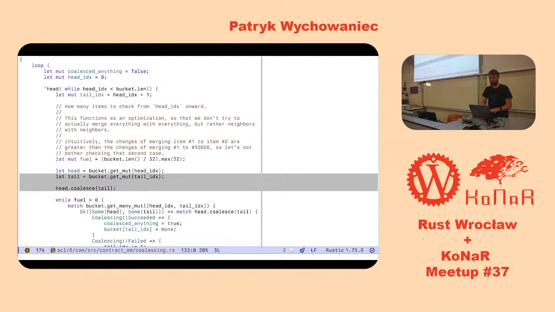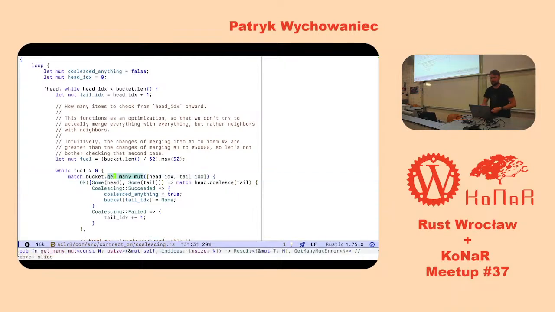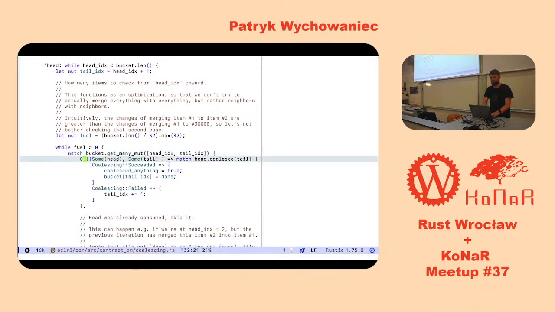There's a function in nightly Rust called getManyMut that allows you to do that, because it validates that the indices you give to it are two different indices, or three, four, n different indices. If so, it just returns you OK and mutable references to all of them. So this can come in handy when you have multiple indices and have to get mutable references for them.